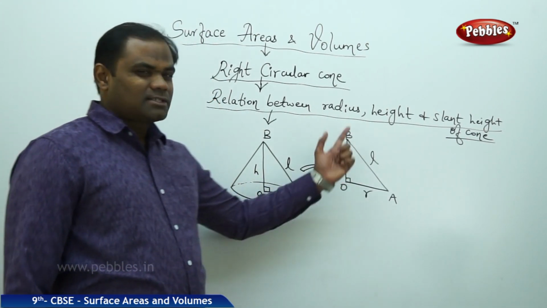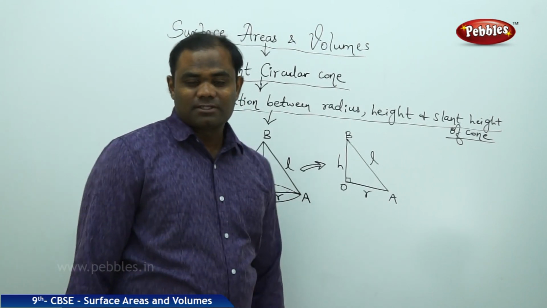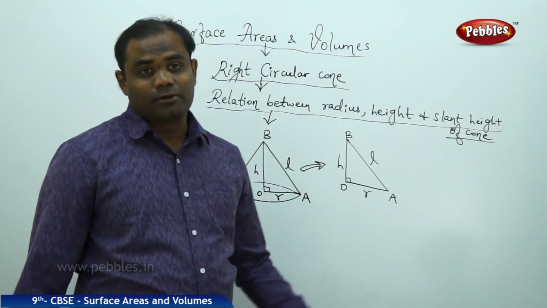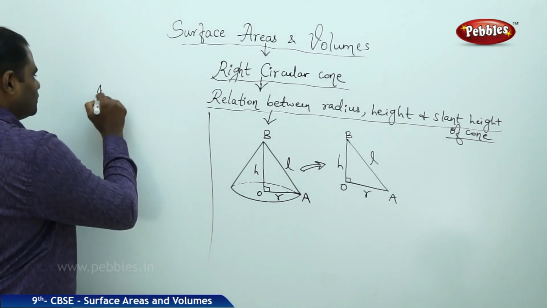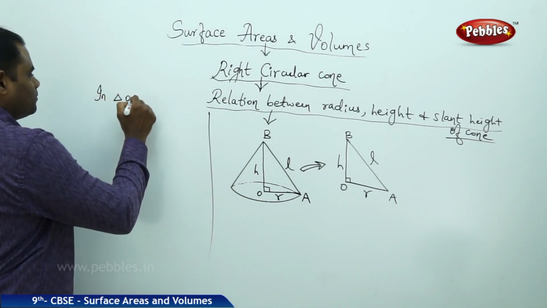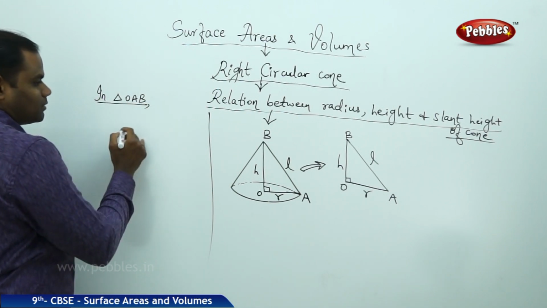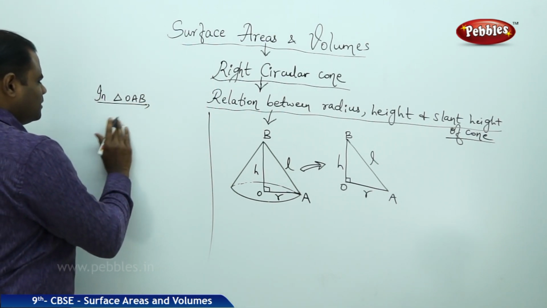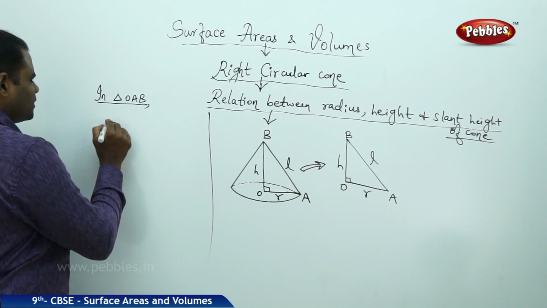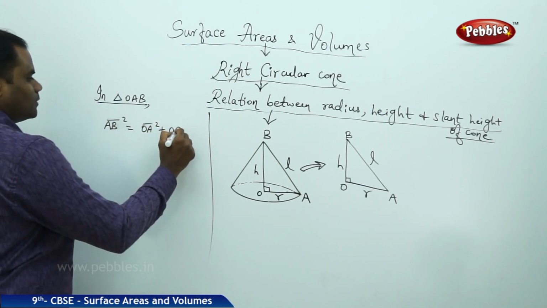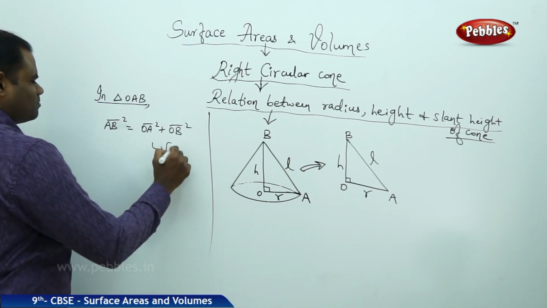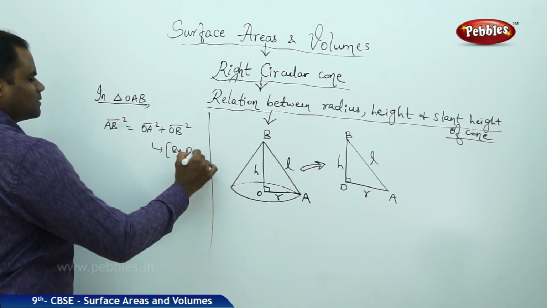We clearly see that this is a right angled triangle, so the first thing which strikes my mind is Pythagoras theorem, of course. So in right angled triangle OAB, if I use Pythagoras theorem, AB squared, that is hypotenuse squared, is OA squared plus OB squared.